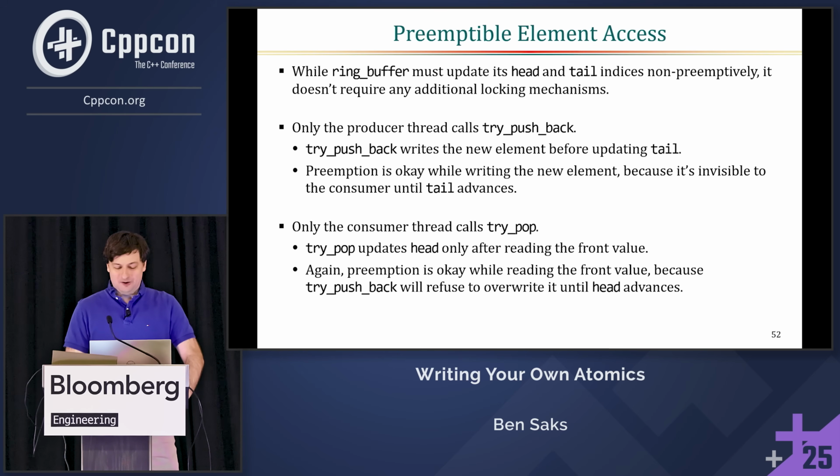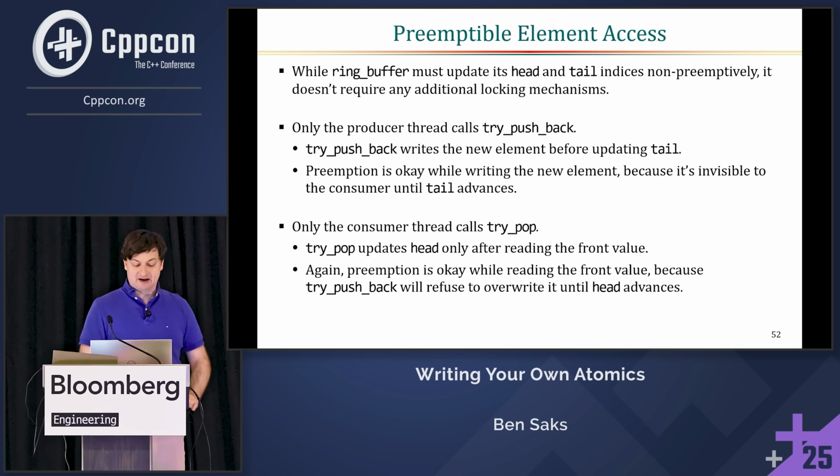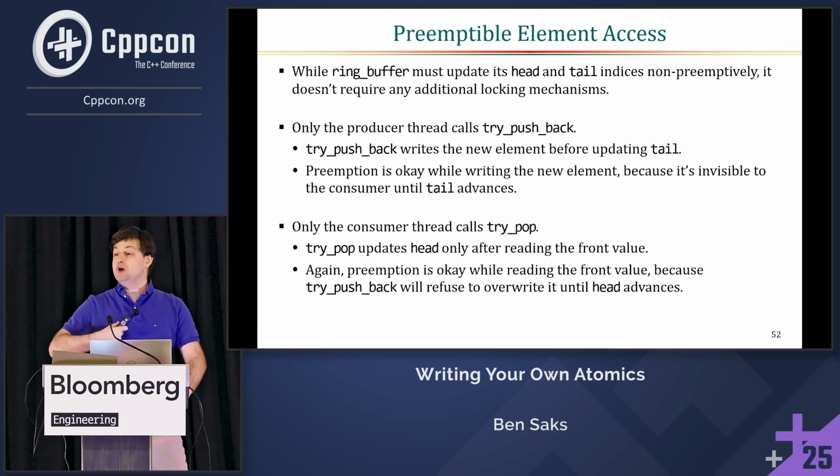Yeah, although it updates those indices atomically, non-preemptively, it doesn't need any other locking mechanisms as written, because only the producer thread tries to call try pushback. Only it's going to write the new element's value before it actually updates the tail index.